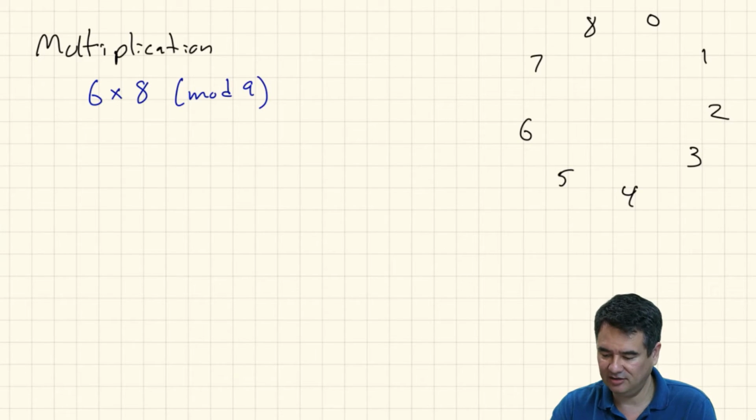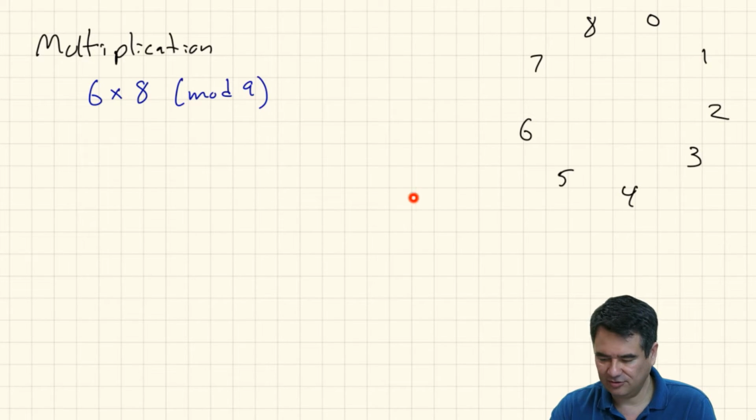Then 6 times 8 is the same thing as adding 6 over and over and over again. So we would go to our 6, and then we would add 6 again, and then add 6 again, and add 6 again, and add 6 again. We do that 8 times, and we finally end up at the right answer.